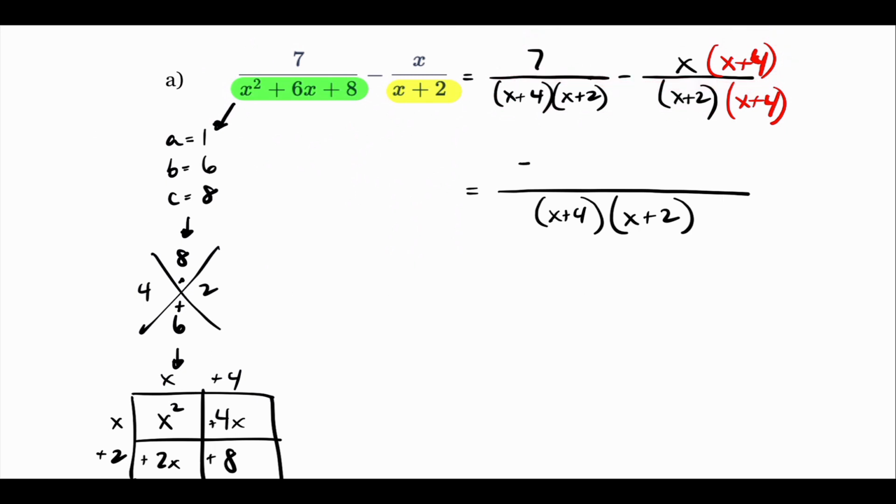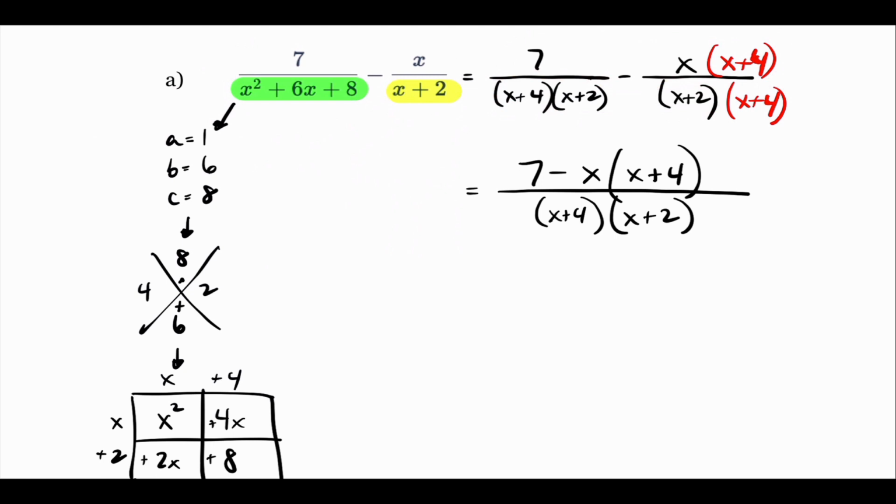So I'm going to write that on top. 7 minus x times parentheses x plus 4. Okay, that's step 3. We subtracted them. I know we didn't actually do any subtraction, but that's what subtraction means. Put them all together in one line.